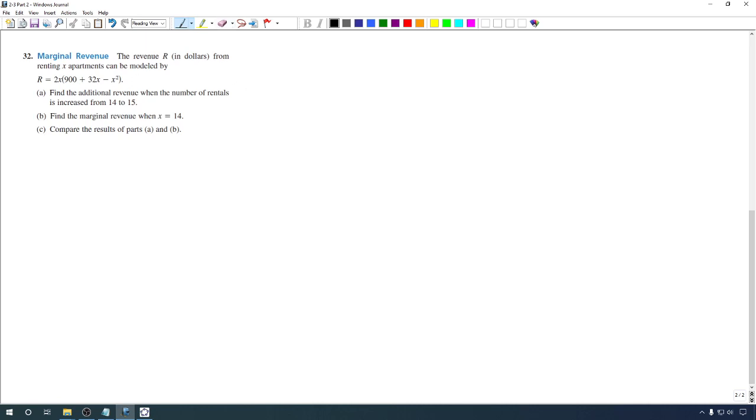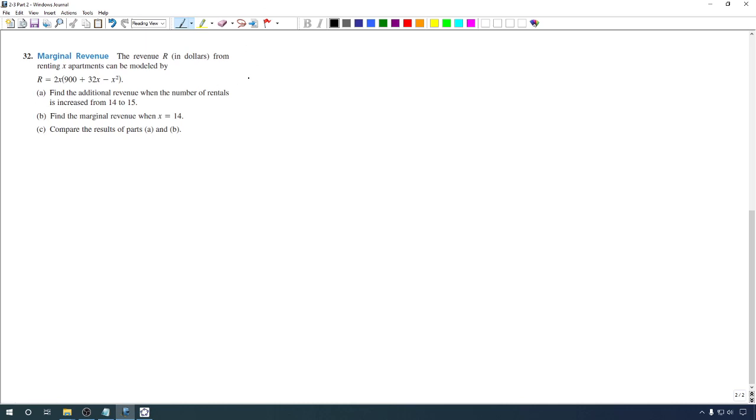But we have a formula for our revenue. So this is a function of x. If we have a particular number of apartments that we're renting, then our function giving us the revenue for those apartments is given by this formula. We're wanting to find how much additional revenue we get by changing the number of rentals.